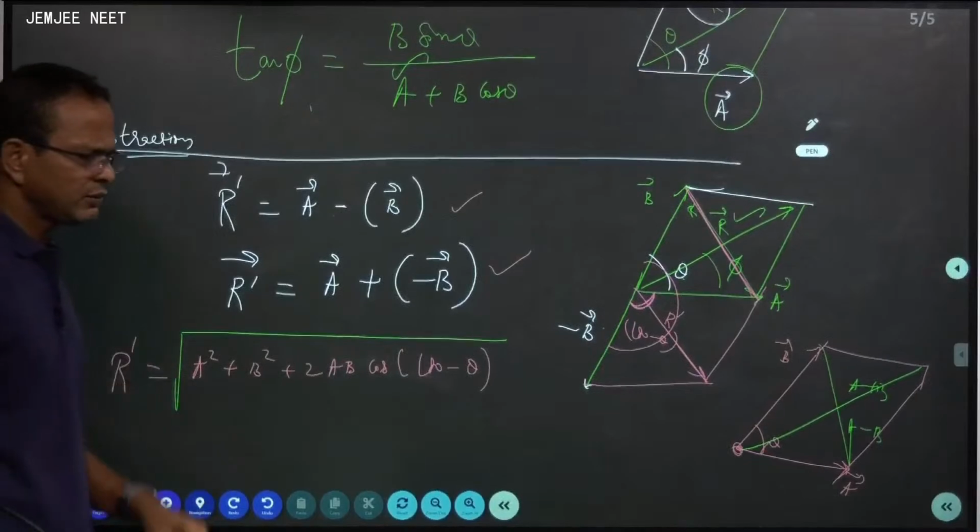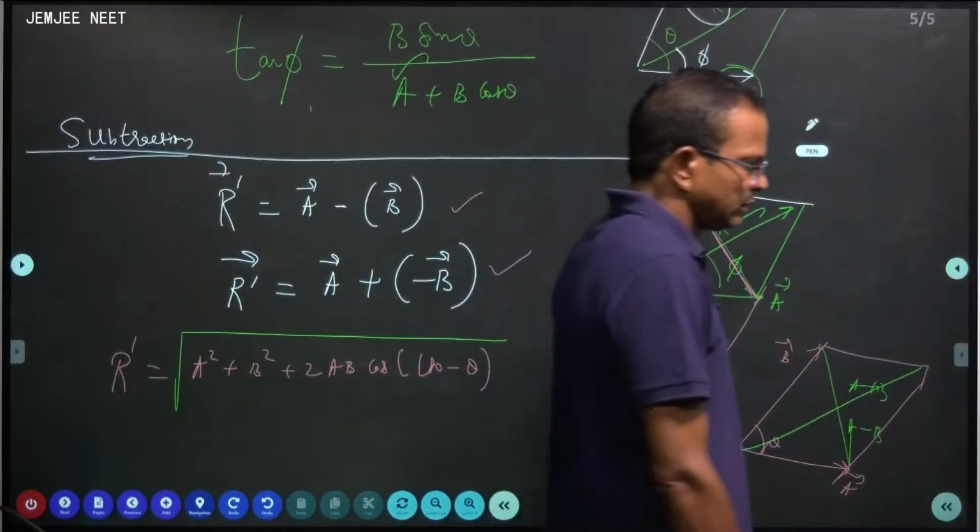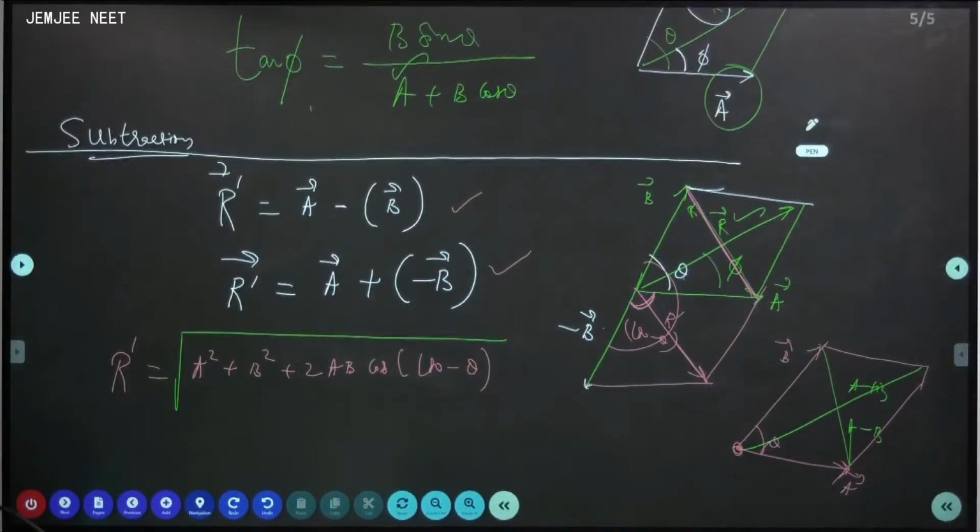So subtraction we look at it as addition of a negative vector. We look at it as addition of the second vector being negative.